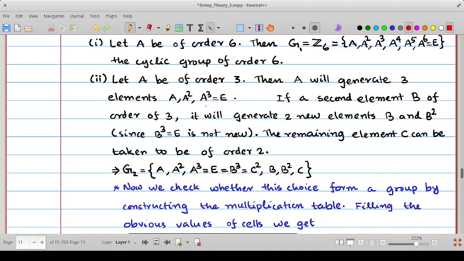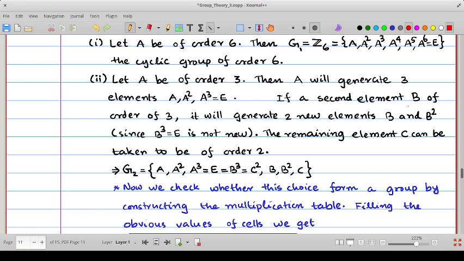Now the group is of order 6, and therefore we need 3 more elements. So assume that the fourth element other than A, A square and identity, let us call it say B, and let us assume that it is of order 3, and we will check whether this possibility works out.